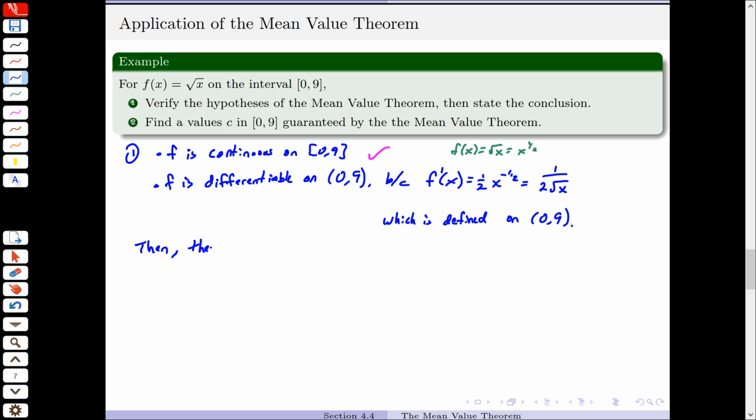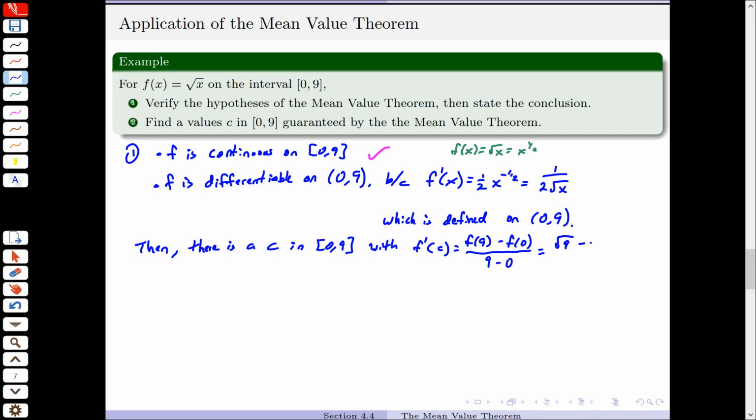Then there is a c in the interval (0, 9), with f prime of c equals f of 9 minus f of 0 over 9 minus 0.